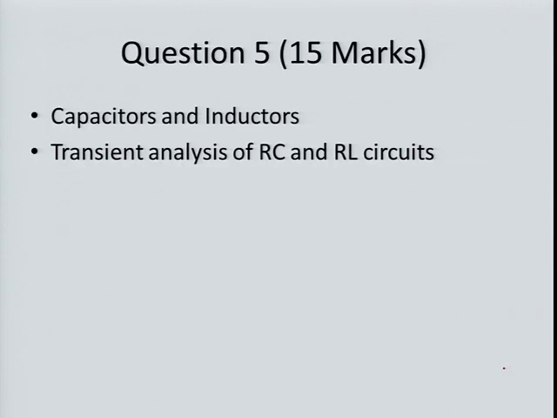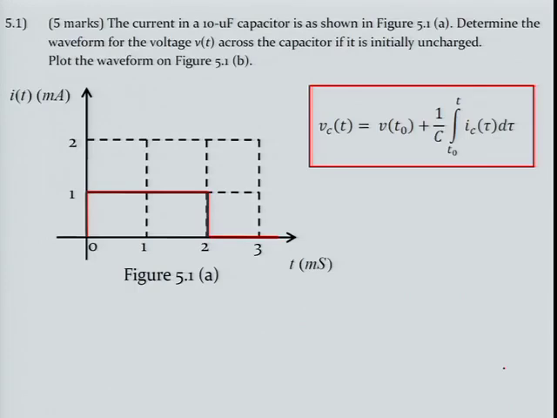So question 3 was op amps, question 4 was digital, and now we go to a 15-mark question on capacitors, inductors and transient analysis. The first one may just test the basic I equals C times dV by dt, the relationships in the time domain between current and voltage for a capacitor or an inductor.